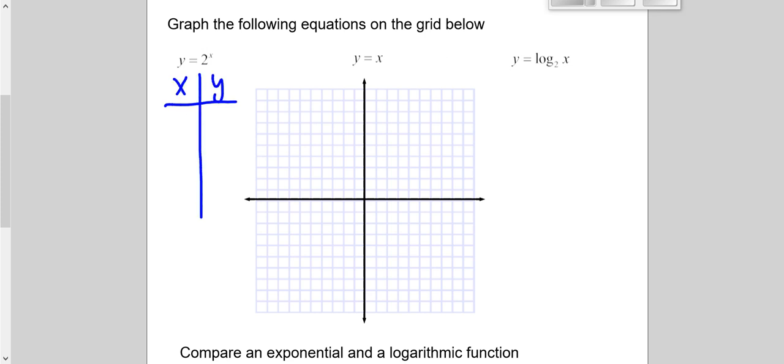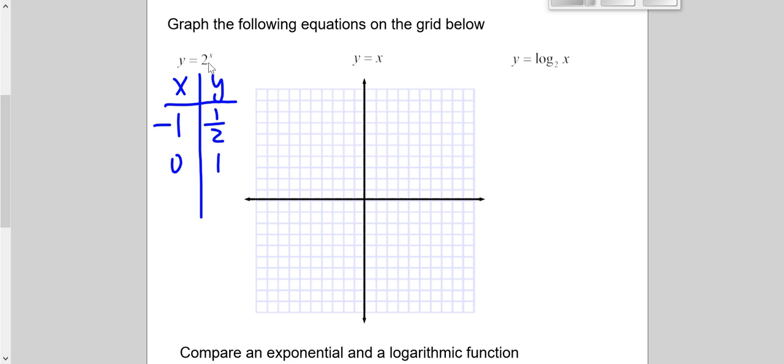A table of values, x and y. Let's pick a few easy points. Let's pick x to be -1. That means 2 raised to the power of -1, which is the same as 1 over 2. Then let's do 0 for x. 2 raised to the power of 0 gives you 1.